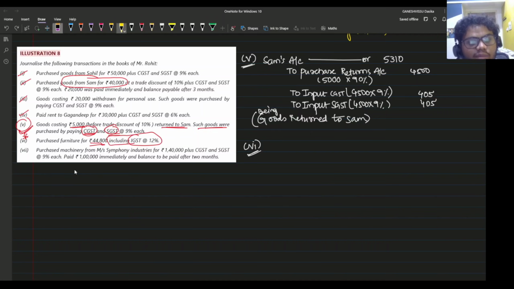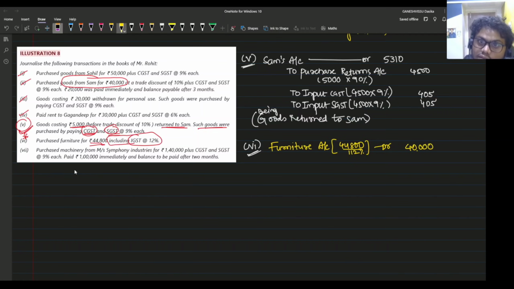When an asset is purchased, as per the real account rule, debit what comes in, credit what goes out. What is coming into the business? Furniture is coming in. So I'm going to write furniture account, 44,800 divided by 112%. Debit. How much? 40,000 only.